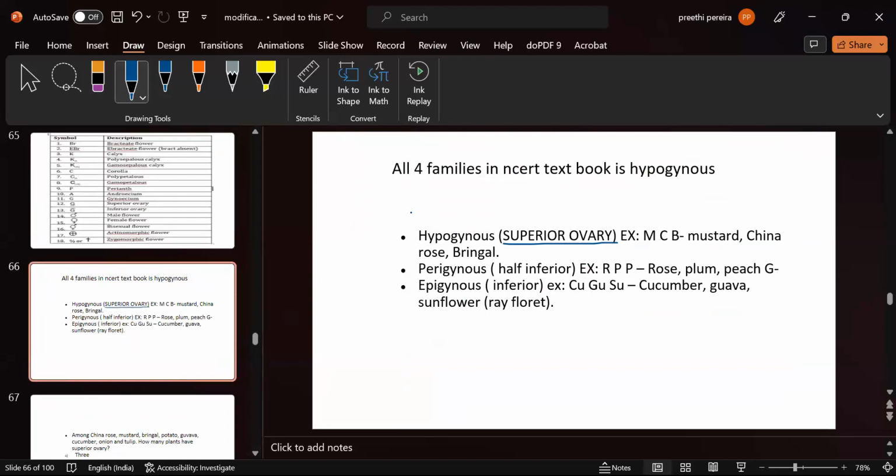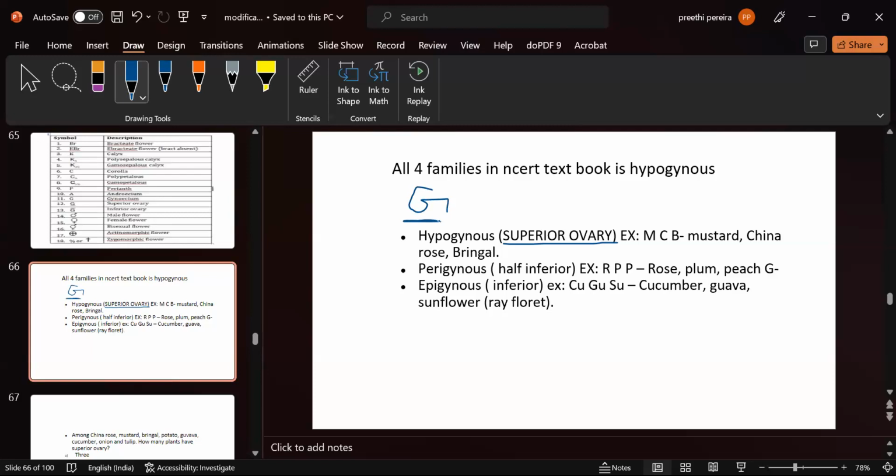And we use a symbol for that. We write G, G means gynoecium, and we put a dash below it, like this, to show that the ovary is superior. For this, the examples will be all the four families from your textbook.